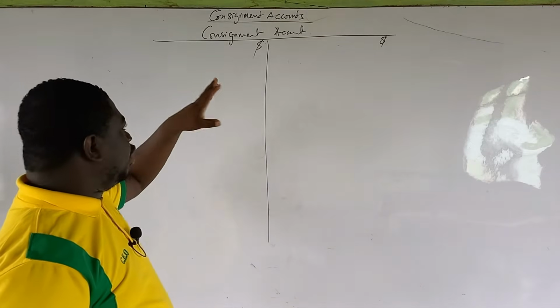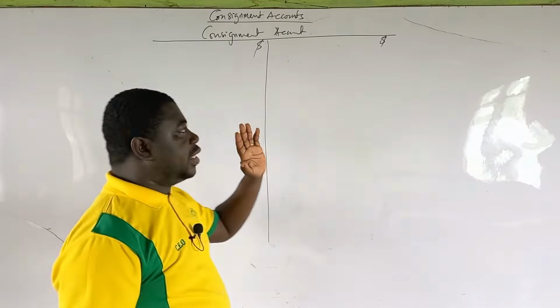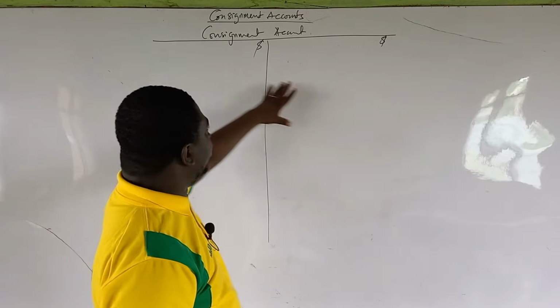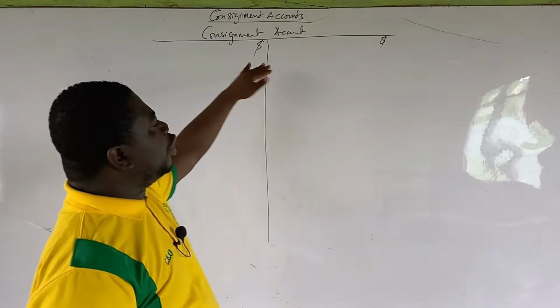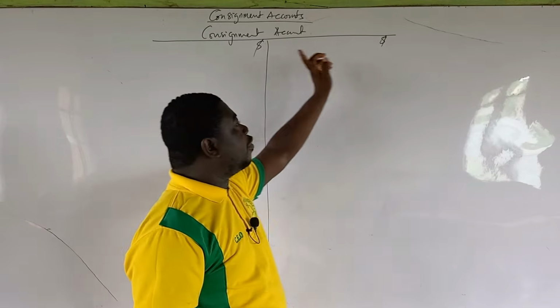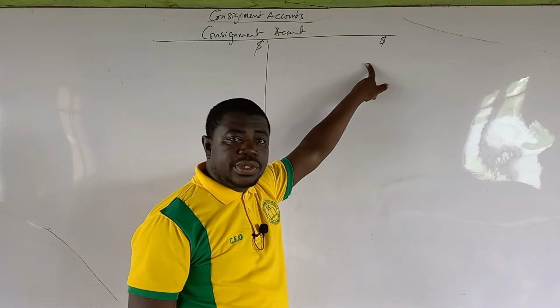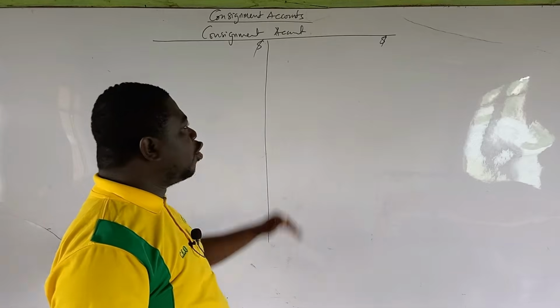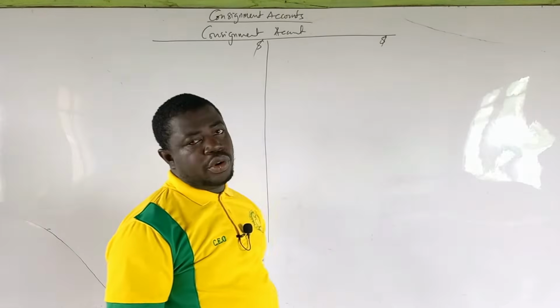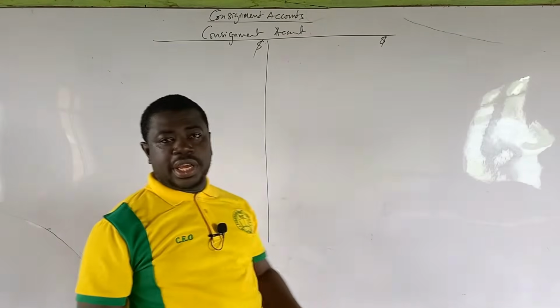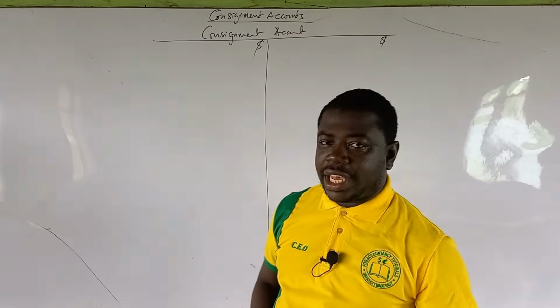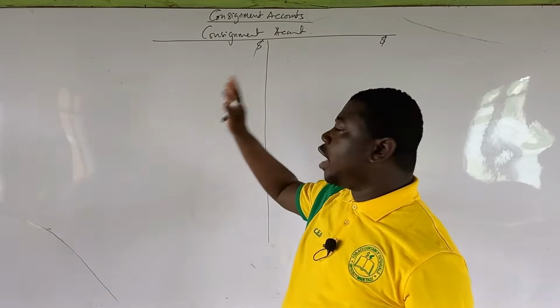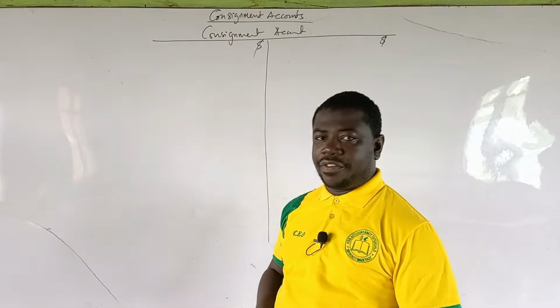We know that this is a profit and loss account in disguise. So this is a side for revenue, this is a side for expenses. We know from the previous question that only sales appeared. In this question, the closing stock will be added, and I'm going to explain to you why.